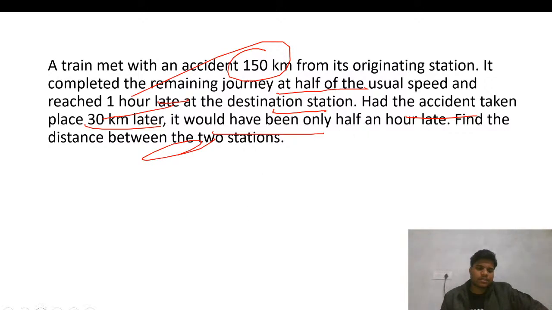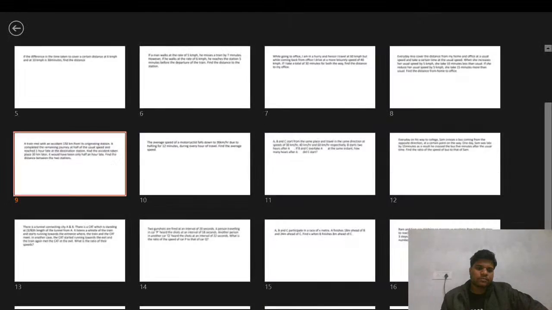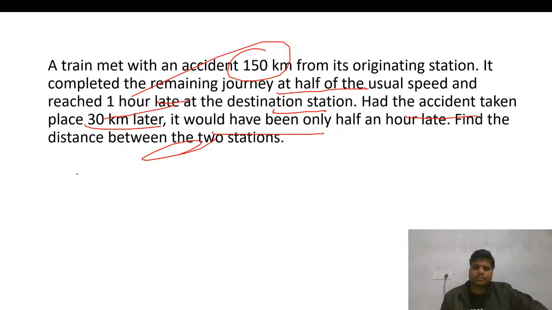So just let me check one thing. Should we start? Okay, so let's see here. A train meets with an accident.